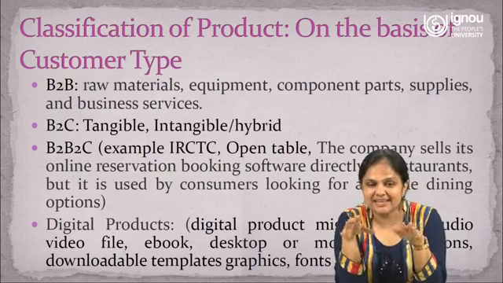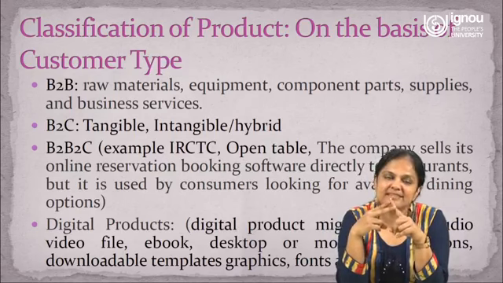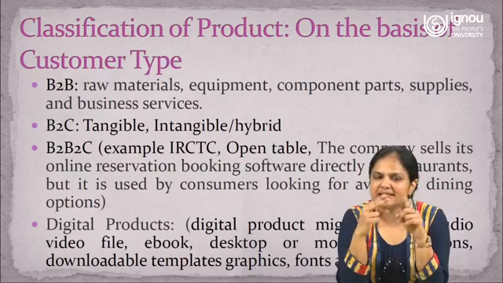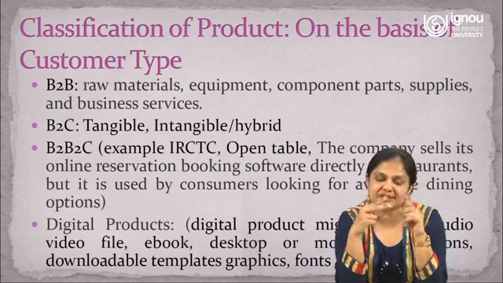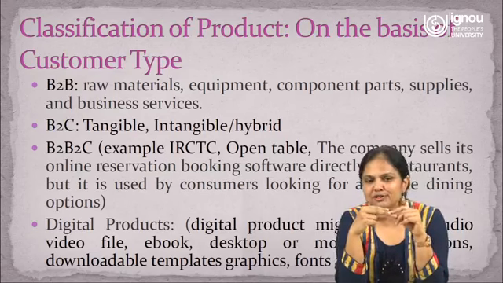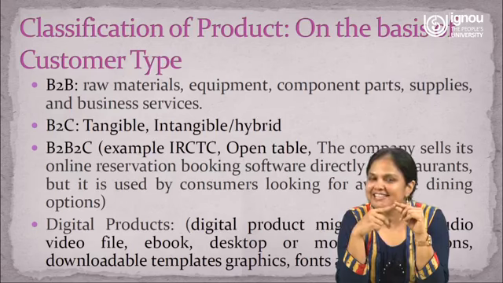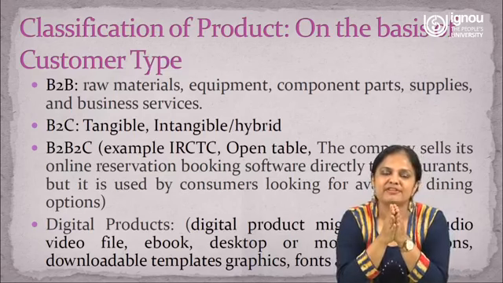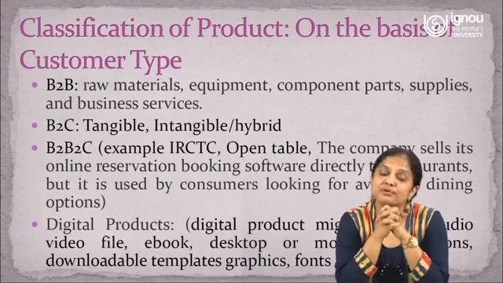Now, as I have said, there are two events which changed marketing entirely. We have discussed it in the first session. One was the Industrial Revolution and the other is the Information and Technology Revolution. So, with the advent and advancement of information and technology, these digital products are gaining much more importance.